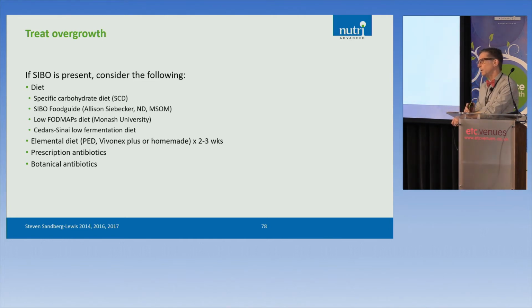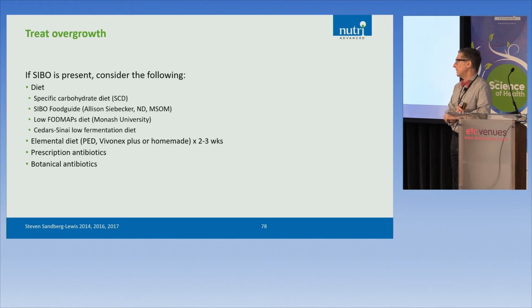There's also a newer one that a student of Dr. Siebecker and myself put together, who's been in practice now for 10 or 12 years in Australia, Dr. Nirala Jacobi, and she calls it the biphasic diet. It's basically Dr. Siebecker's SIBO food guide with some modifications. And if you have a patient who's vegan or vegetarian, it's more friendly for them.